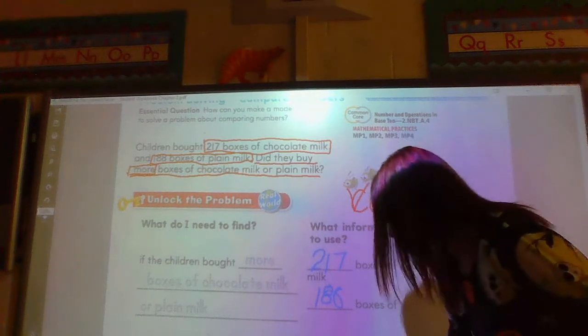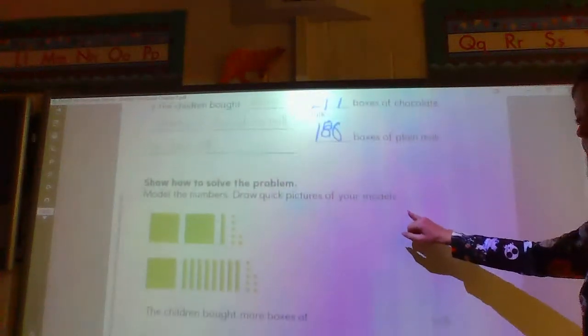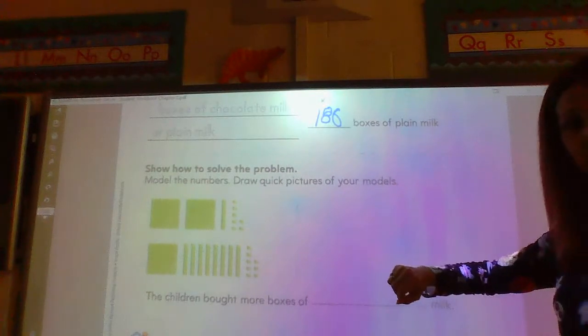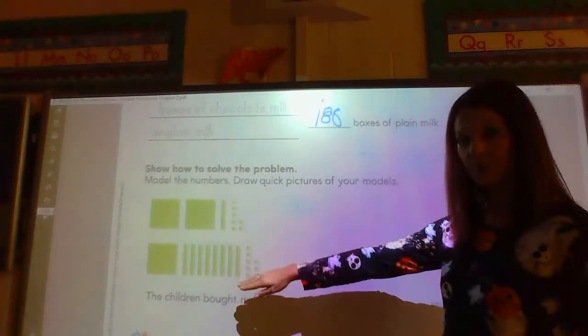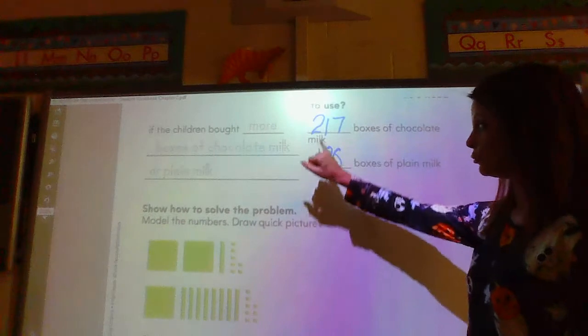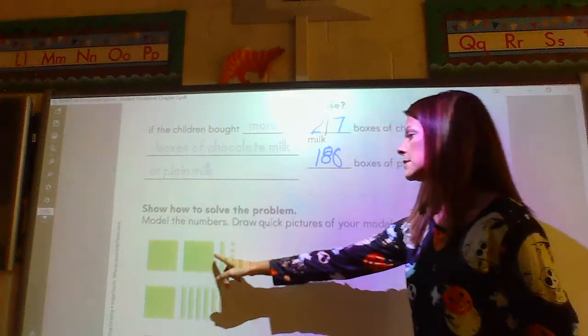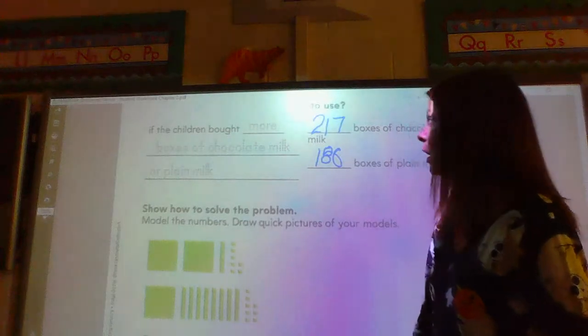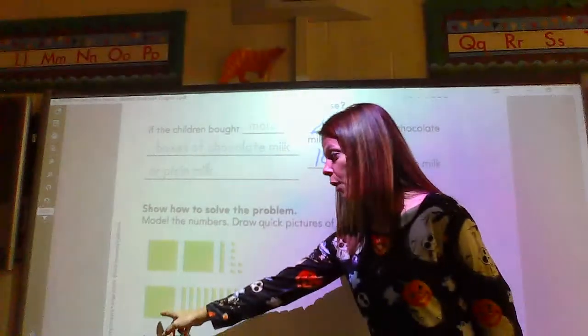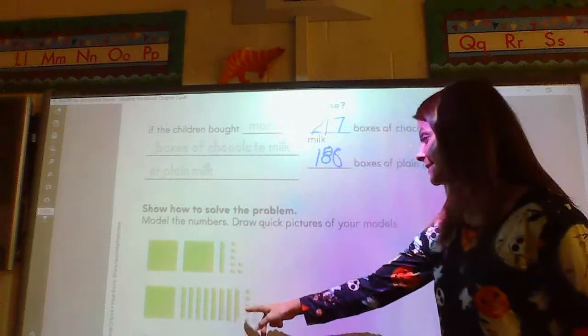I can draw a picture to show my numbers. My numbers were 217, so I drew 217. I can draw 188.